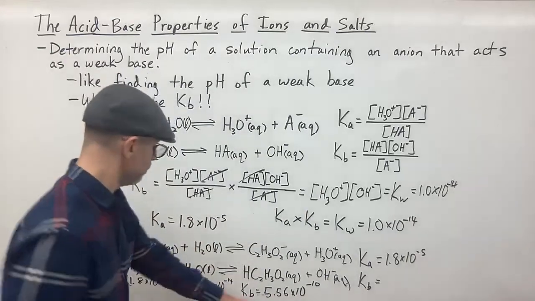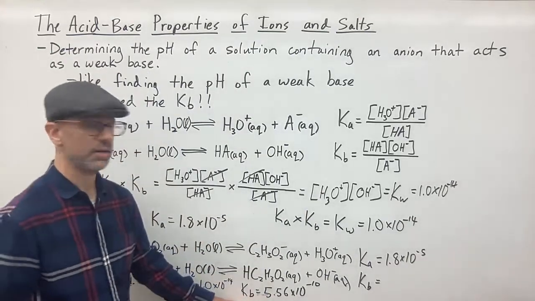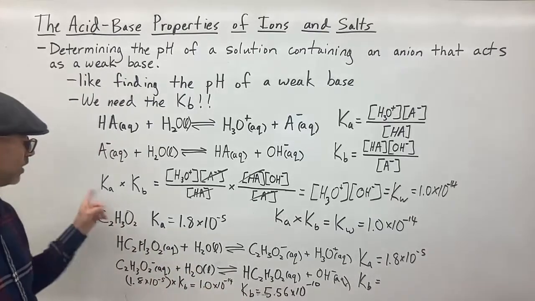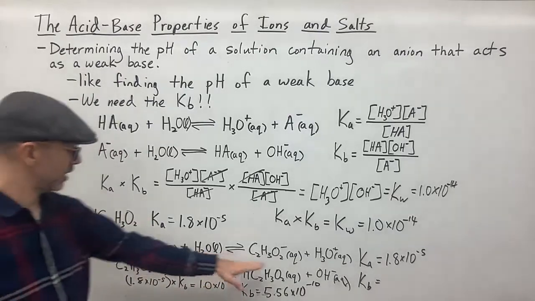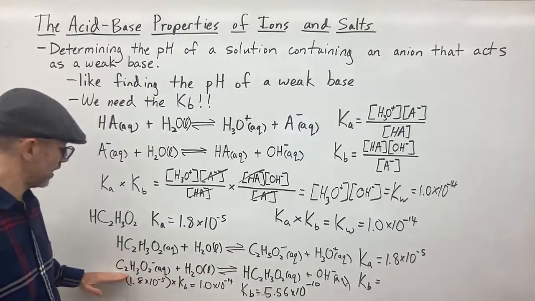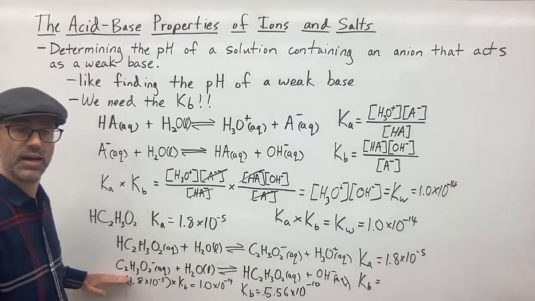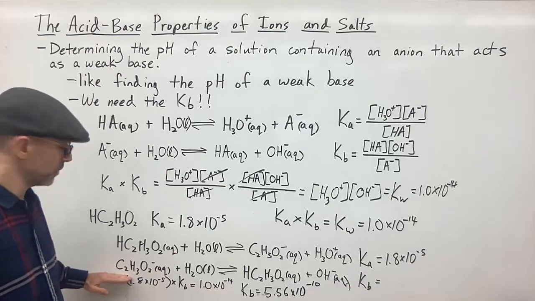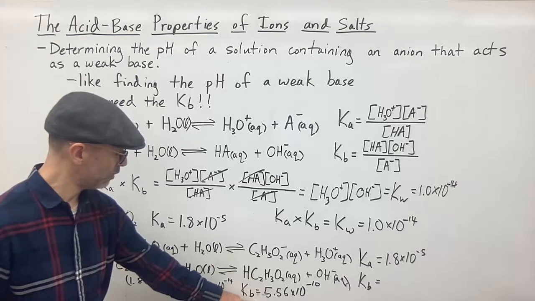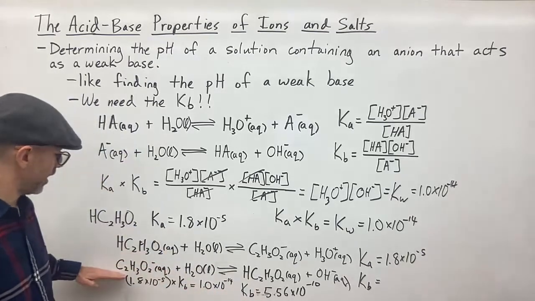And so that is the Kb of the conjugate base, the anion here, the acetate ion. Now we know the Kb for this acetate ion.